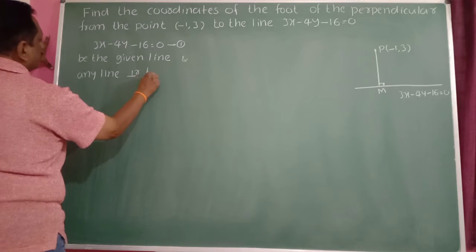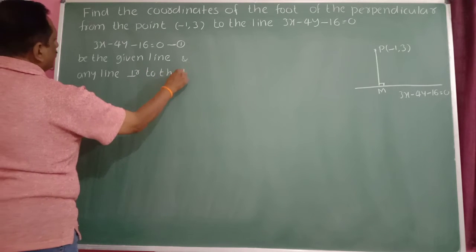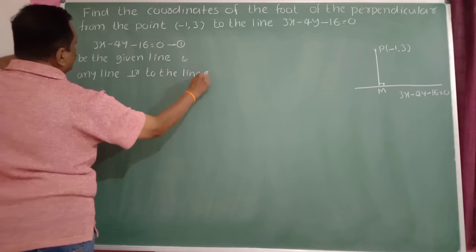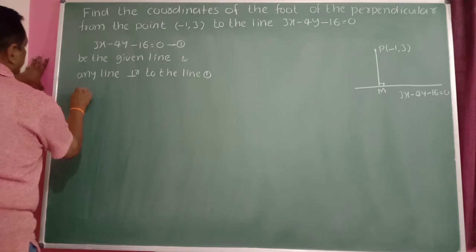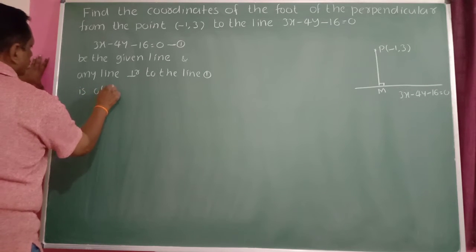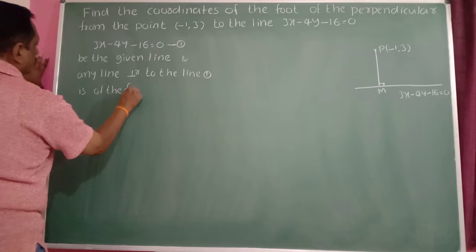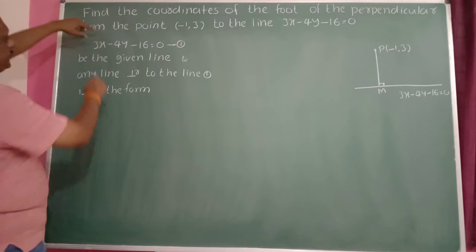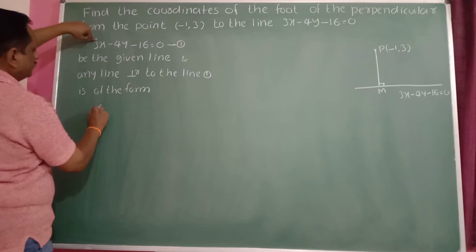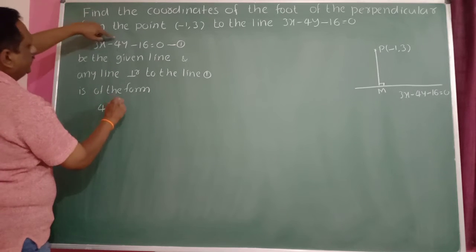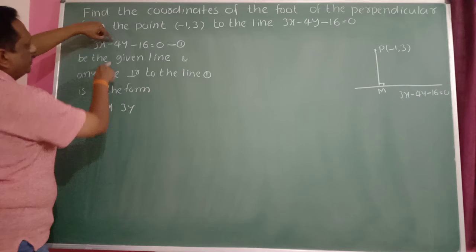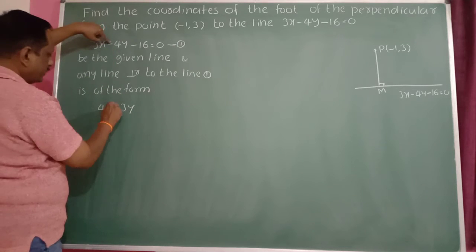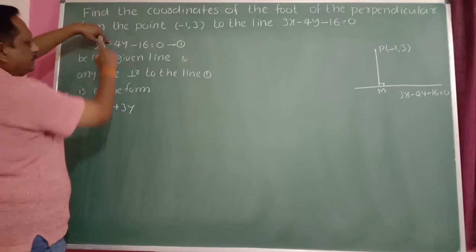Any line perpendicular to the line 1 is of the form: interchange the x and y coefficients, interchange 3 and 4. So 4x and 3y. And if there is a minus, then write a plus sign. If there is a plus, then write a minus.